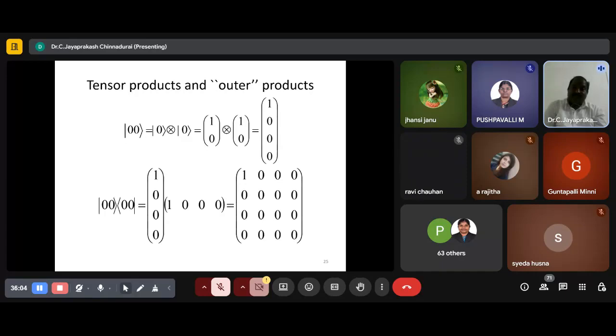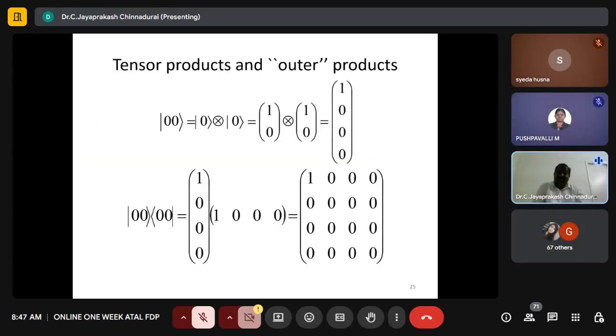Similarly, if we go for the outer product of two, what is that? Ket of 00 and bra of 00. Ket of 00 is represented in column form, bra of 00 is represented in row form. So ket of 00 we have 1 0 0 in column form, and bra of 00 is represented in row form, 1 0 0.